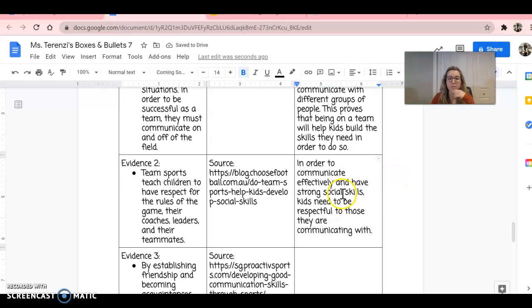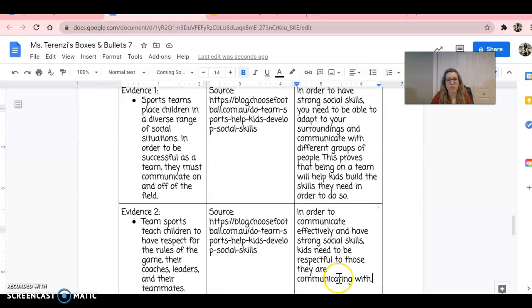Okay, so now I've shown that in order to communicate effectively and have those strong social skills, you need to have respect for those you're talking with or communicating with. So that is how this piece of evidence relates back to my reason.